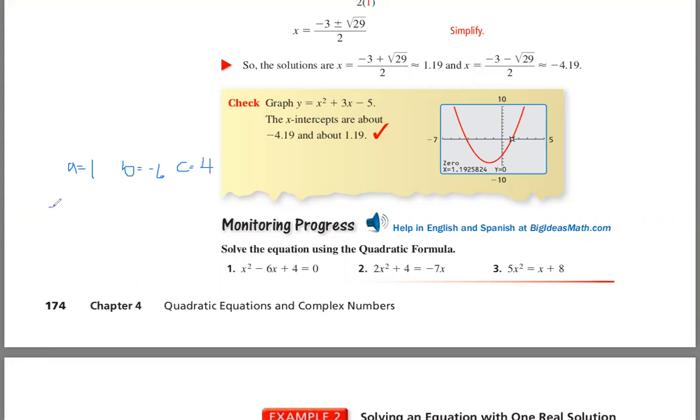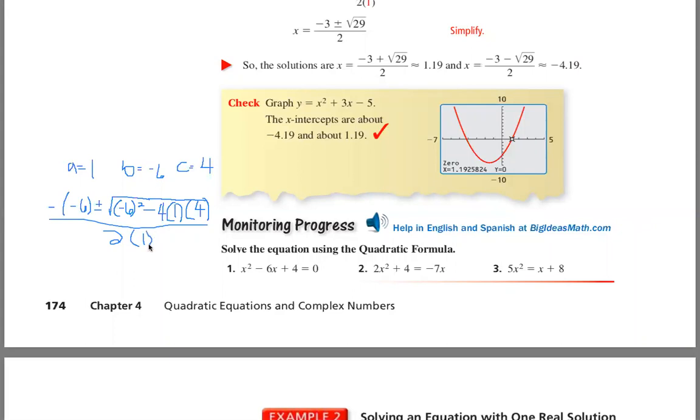So again, it's negative b, plus or minus the square root of b squared, minus 4 times a times c. I'm going to draw my bar all the way over, and this is all over 2 times a, which in this case is 1.